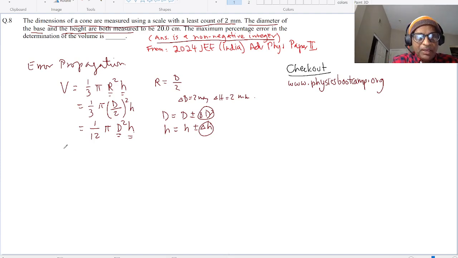So the way you're going to propagate is, think of V as a multivariate function of d and h.